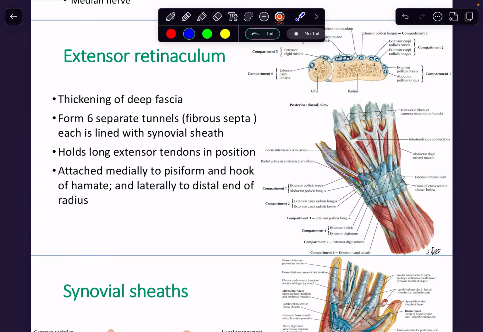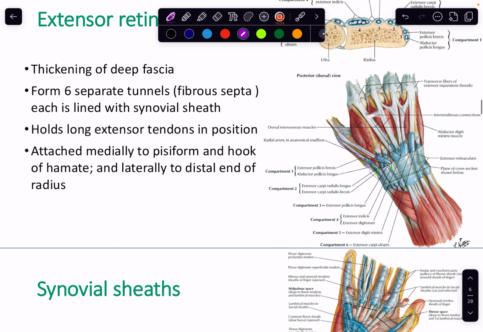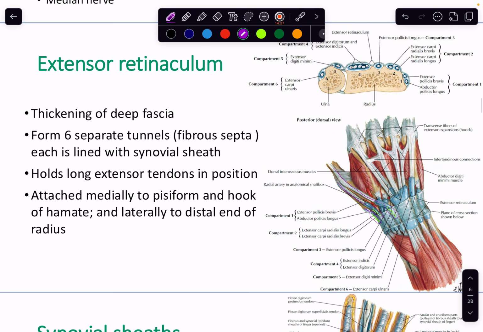In the exam, they ask questions like: which of the following muscles passes through the third compartment of the extensor retinaculum? Then this is easy: extensor digitorum, and this goes to the digiti minimi. This is the last one, very extreme. Here it was the radialis, so here it is the ulnaris: extensor carpi ulnaris.